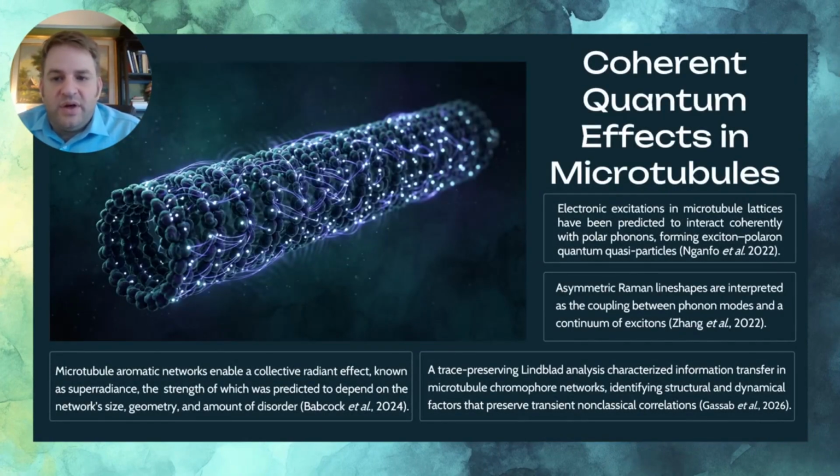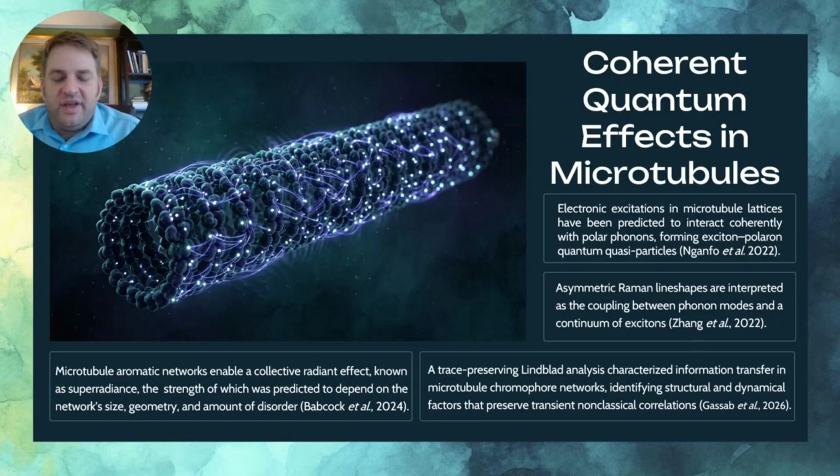Nevertheless, coherent quantum effects in microtubules are likely to play some role in their structure because there's been a variety of both theoretical and experimental work that have shown both coherent interactions between the excitons, the excited electronic states of the microtubules, and even coherences between the polar vibrational states and the excited electronic states of the microtubule.